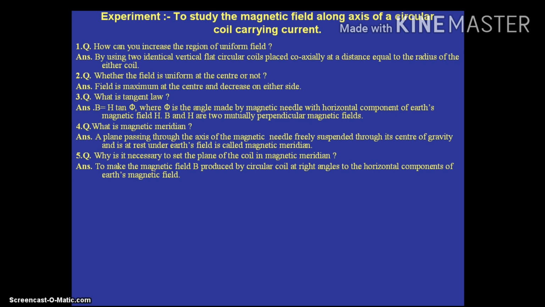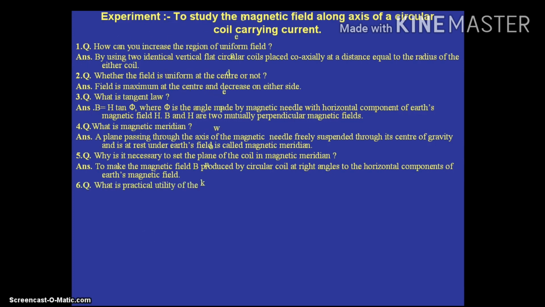I told you earlier that in most experiments on the magnetic field of a circular coil carrying current, you have to place the apparatus in the east-west direction. Why? Because we need the field B produced by the circular coil to be at right angle to the horizontal component of the Earth's magnetic field.